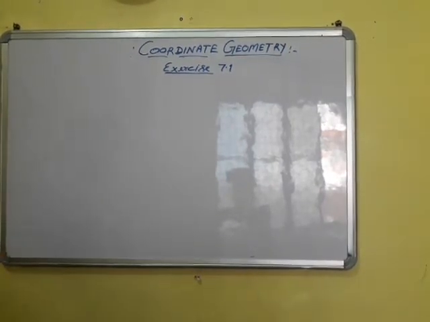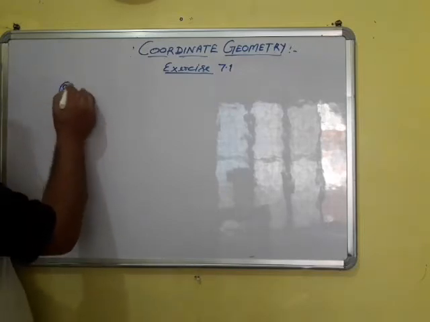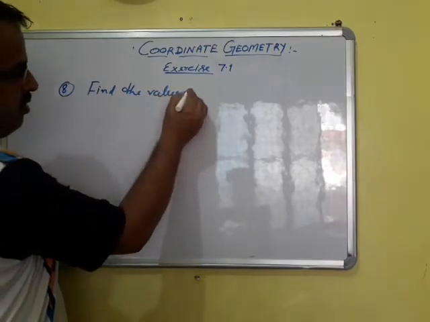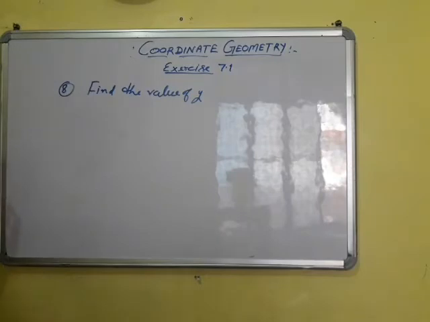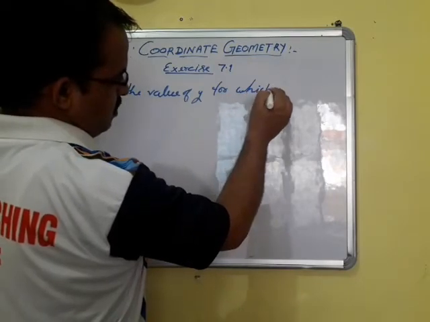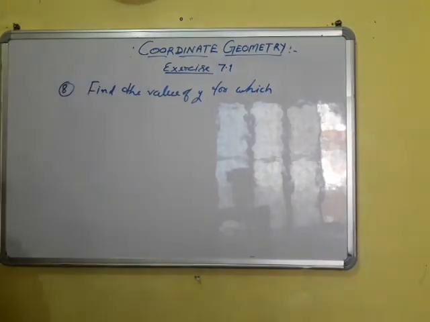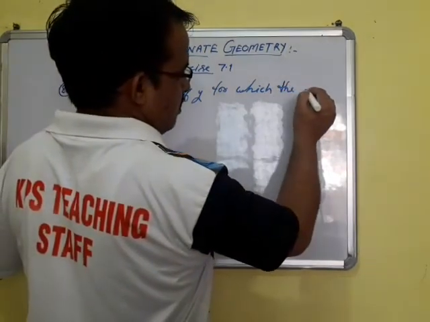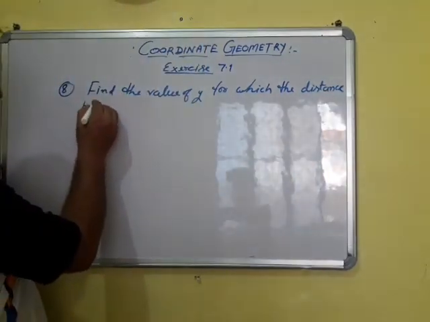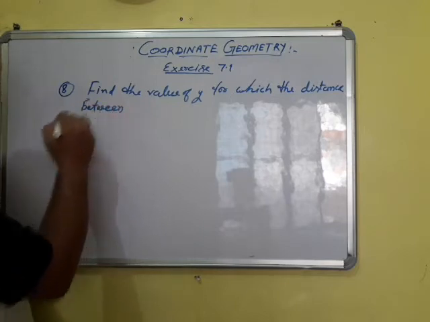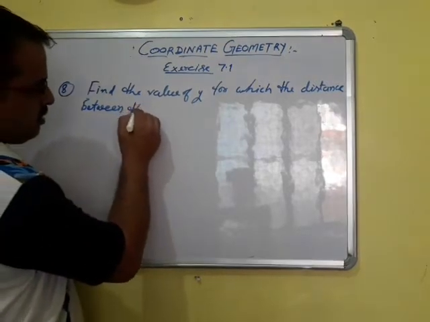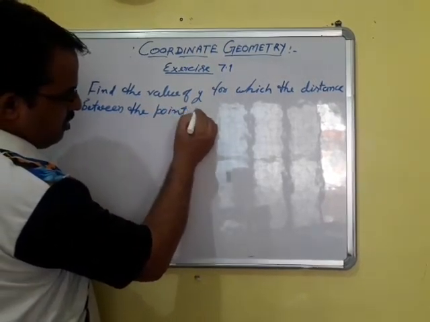Now see your question number 8 here. Question number 8 is: find the value of y for which the distance between the points P and Q is 10 units.